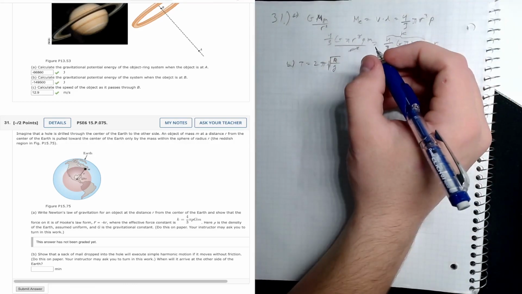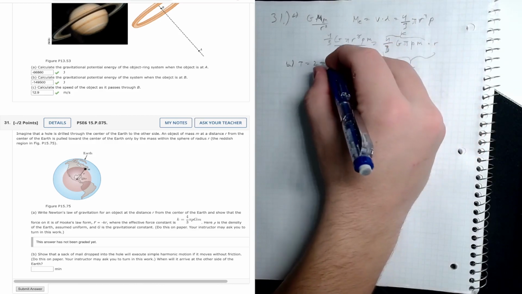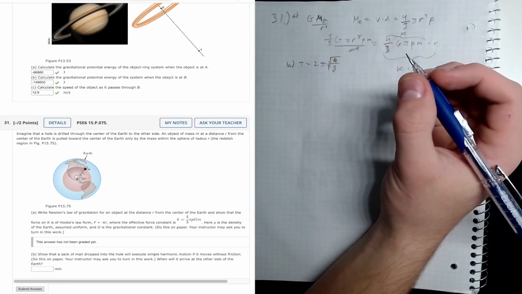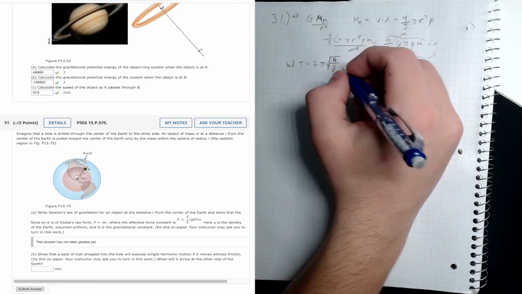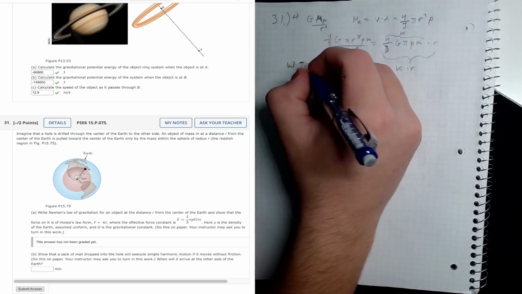Would it be 2 radii? No, the amplitude would be from the middle. Okay, so that's starting at the top. It's like a cosine function. Okay, cool. So we're on the right track.